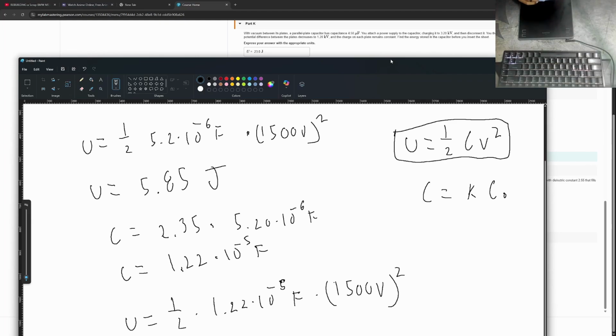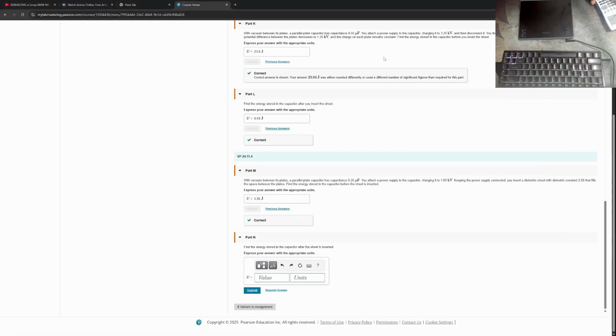It's 1500 squared, and then we can do 2.25 times 10 to the power of 6 times 1.22 times 10 to the power of negative 5, divided by 2. And so then we're left with a stored energy of 13.73 joules.